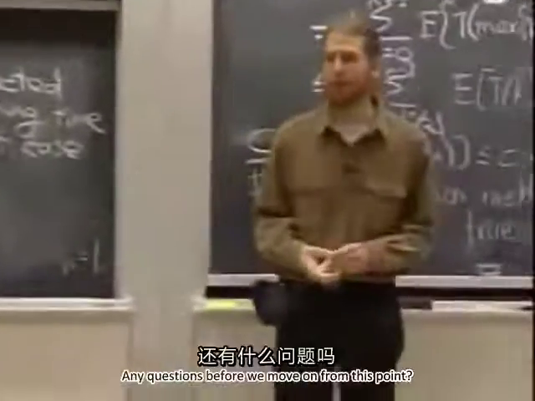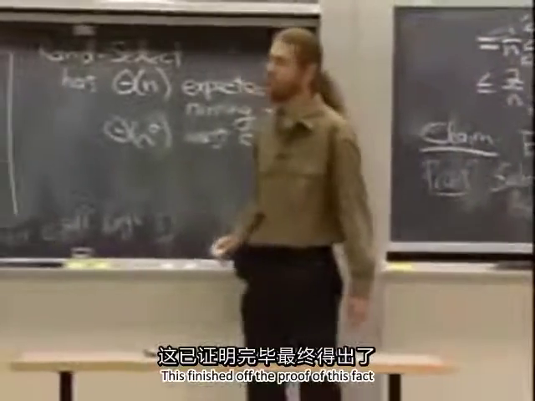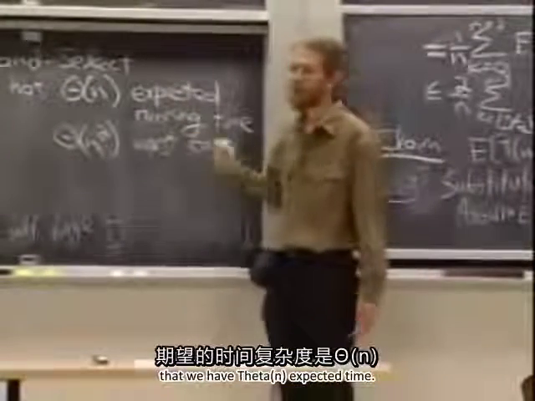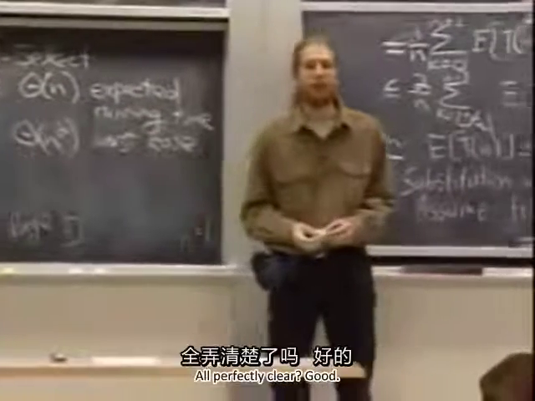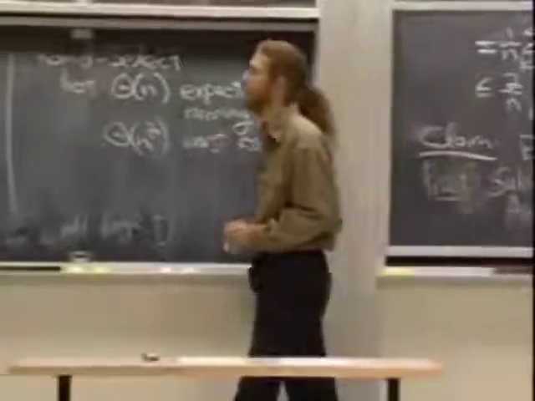Any questions before we move on from this point? This finished off the proof of this fact that we have theta n expected time. We already saw the n squared worst case. Okay, all perfectly clear. Good.